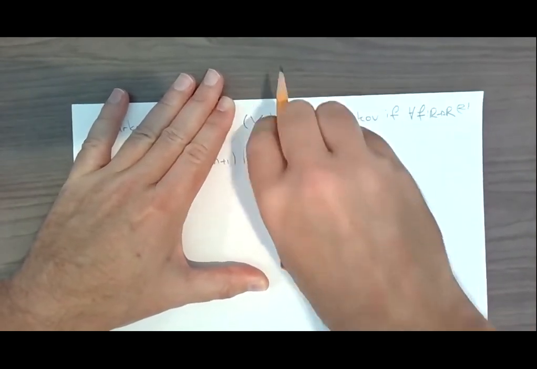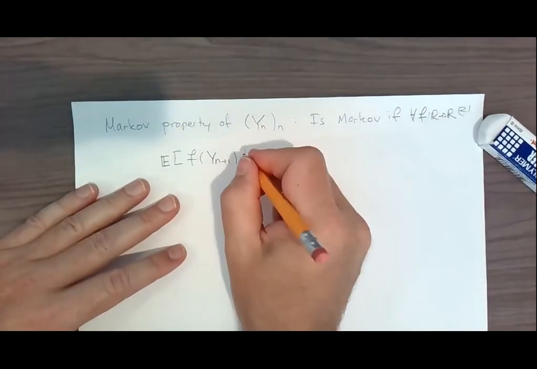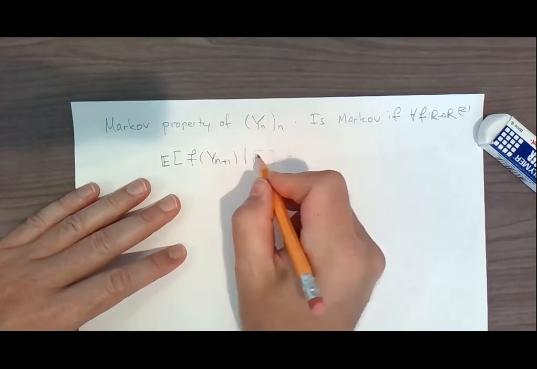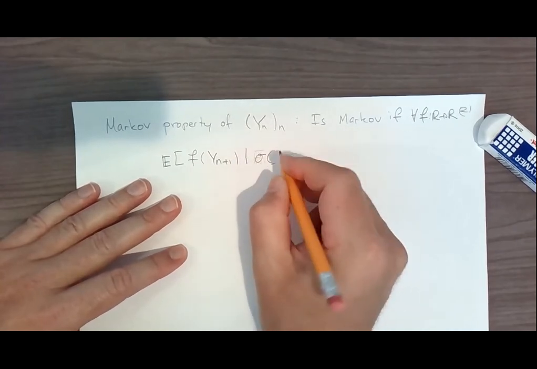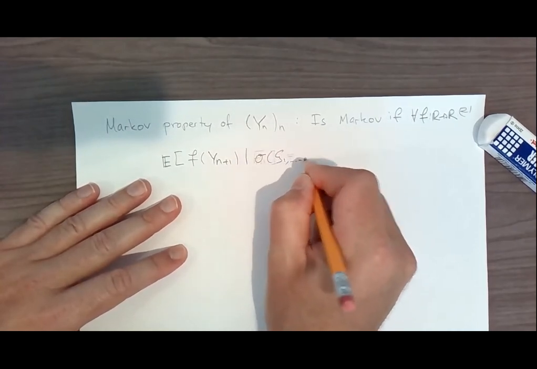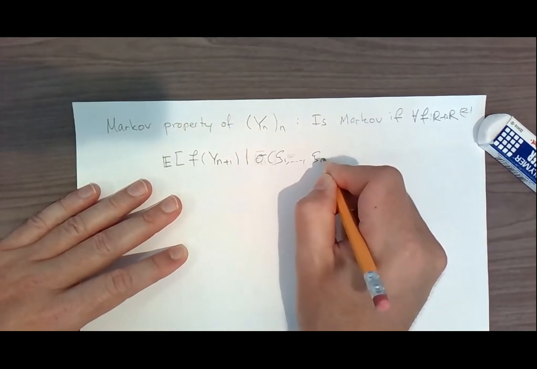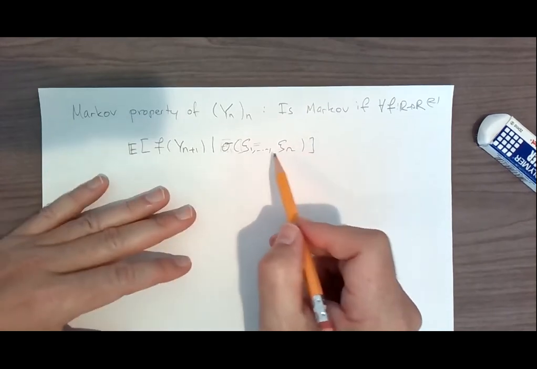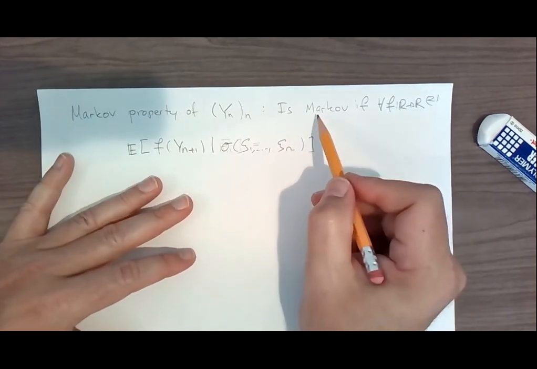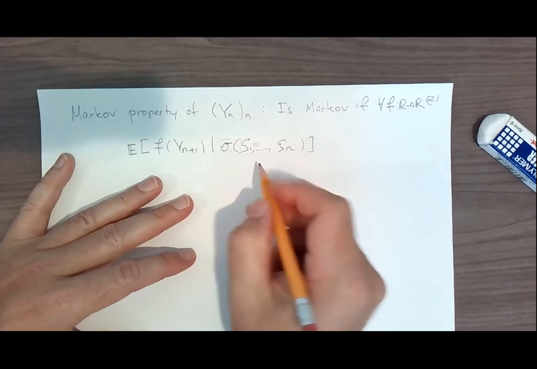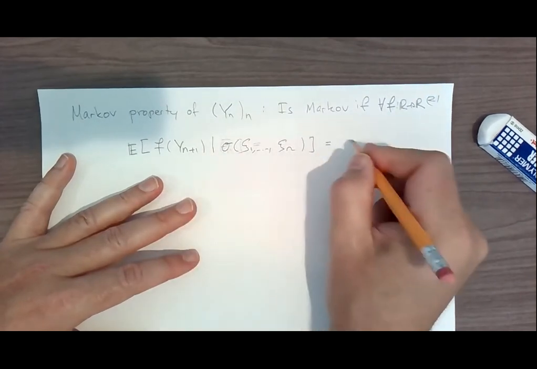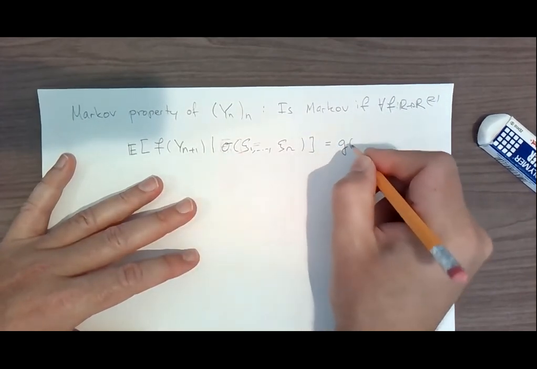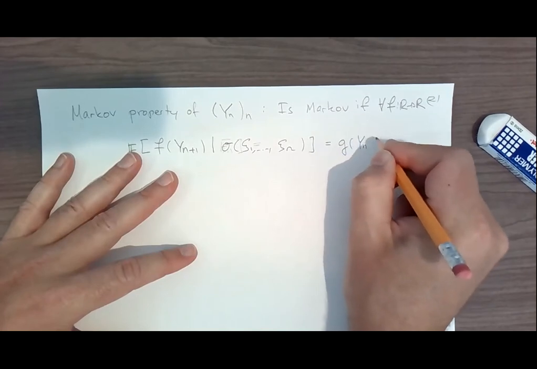Inside f, we will very typically have these coin flips, psi 1 up to psi n. In general it is a function of all these coin flips, but it's Markov if this thing is really just a function g of yn alone.